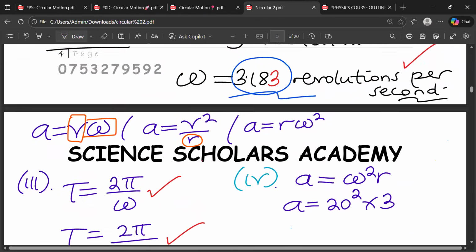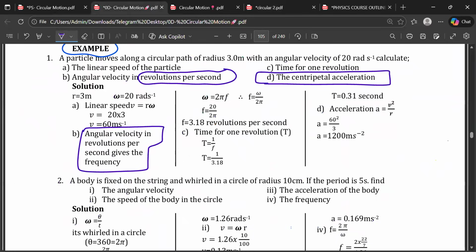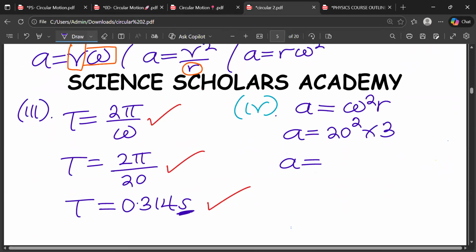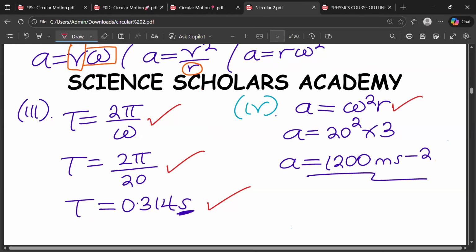Then you get the acceleration, provided you put the right unit. So when you use the others, you get the same thing.